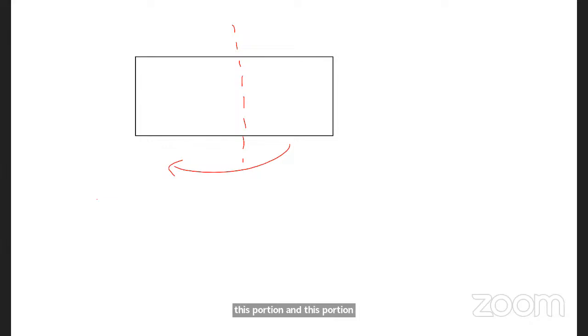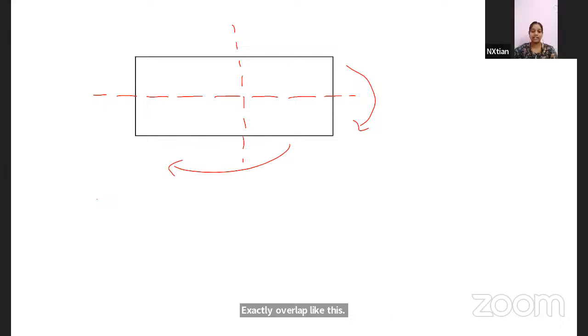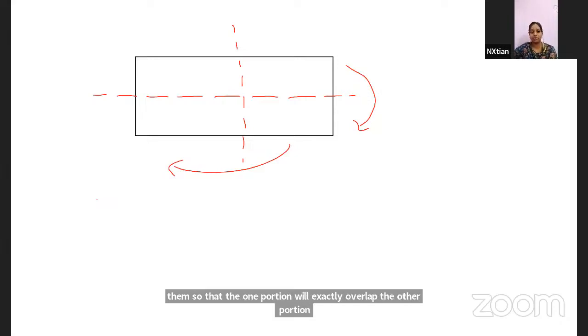So it will exactly overlap, or I can fold it like this. So this portion and this portion will exactly overlap like this. These lines that I have drawn, through which we can fold them so that one portion will exactly overlap the other portion, are known as lines of symmetry.